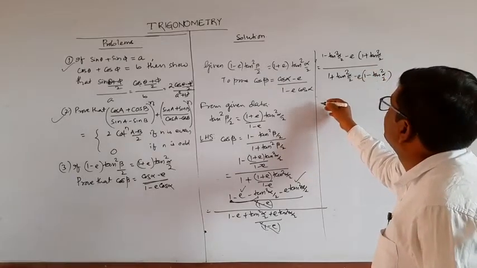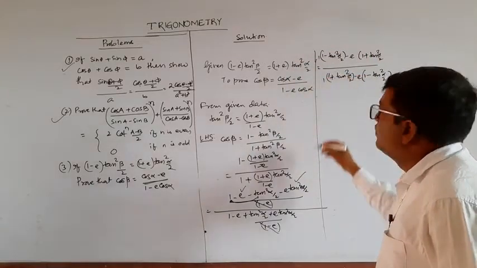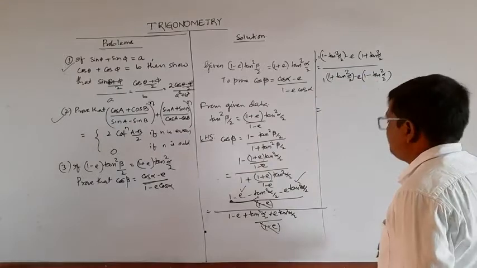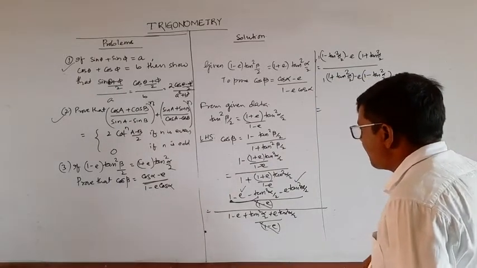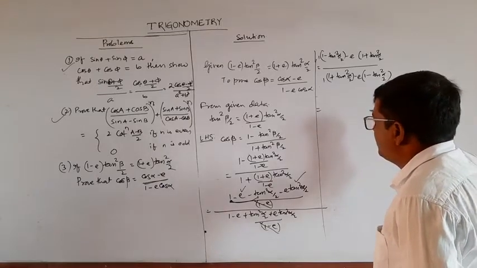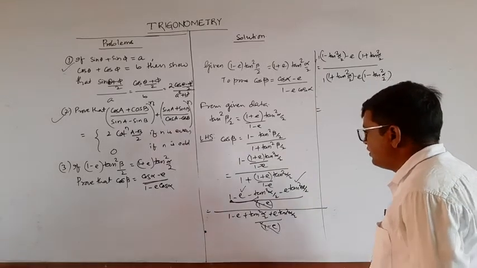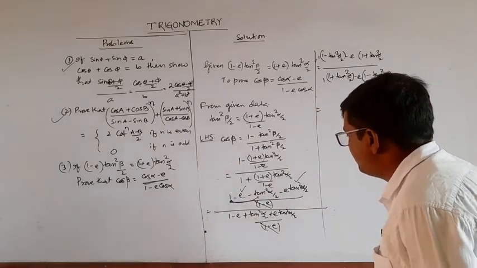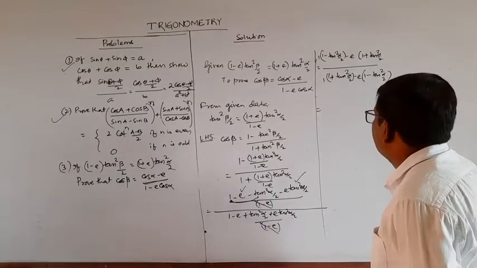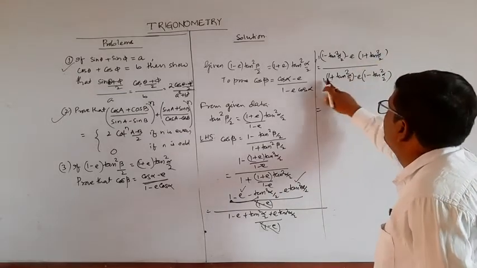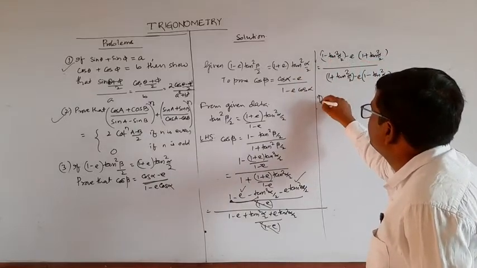So the numerator is 1 minus tan square alpha by 2 minus e times 1 plus tan square alpha by 2, and the denominator is 1 plus tan square alpha by 2 minus e times 1 minus tan square alpha by 2. Correct.